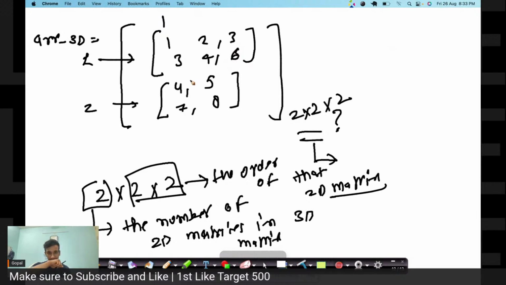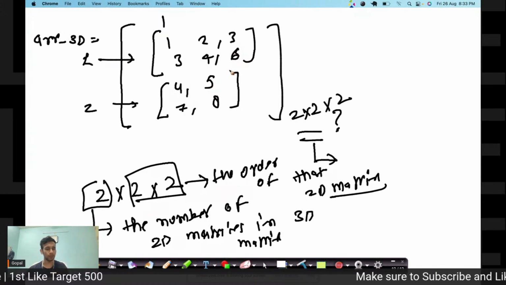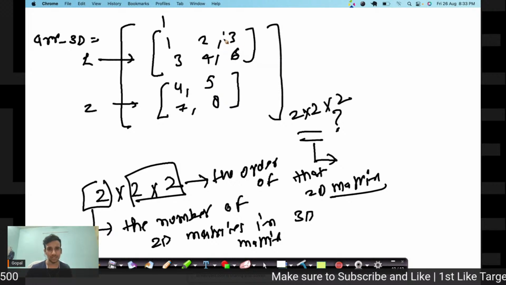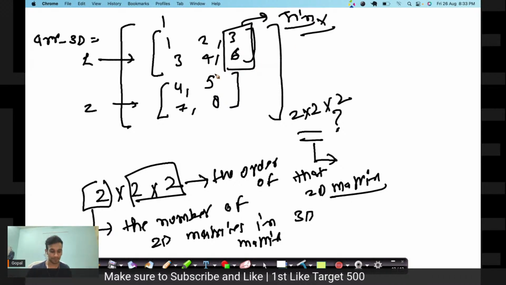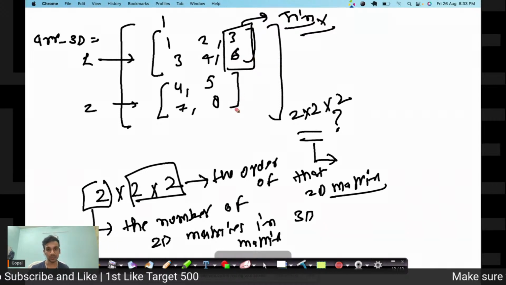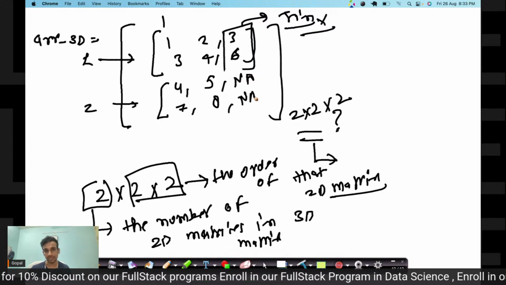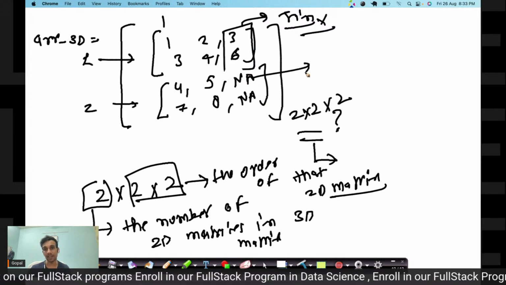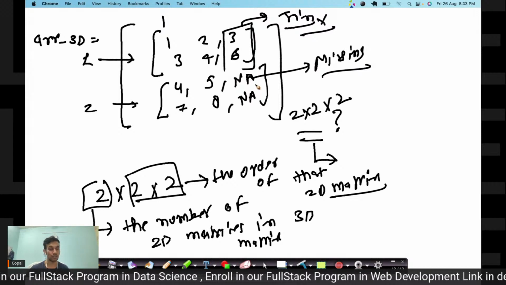In this case, we have two options. Either we can trim these two values, or these values will be filled with NA. NA basically means missing values. So the order has to be the same for each matrix.